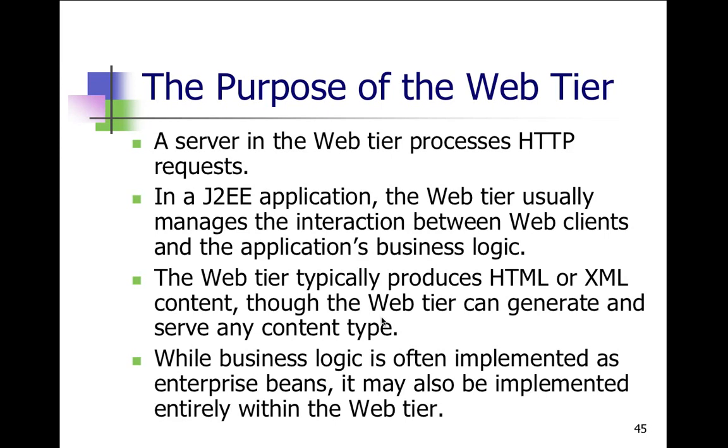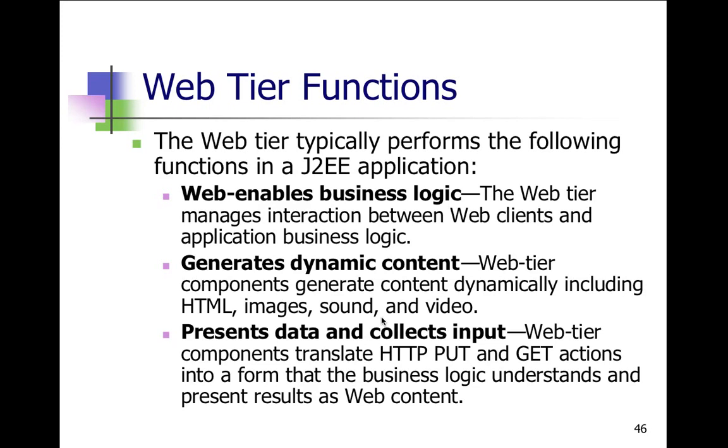It typically produces HTML and XML content and can generate and serve up any content type, I should say. But we're usually seeing XML and HTML or XHTML through this web tier. While the business logic is often implemented as enterprise beans on another tier, it may be implemented entirely on the web tier. So you could stick everything on one tier and just have the different interfaces.